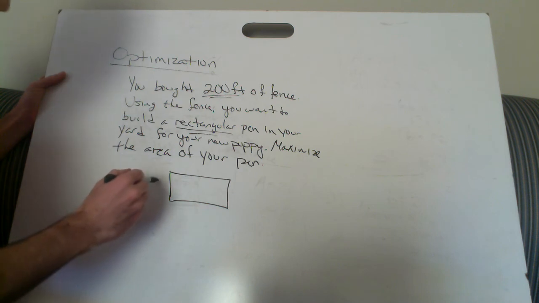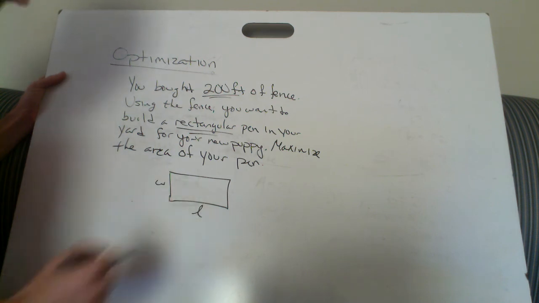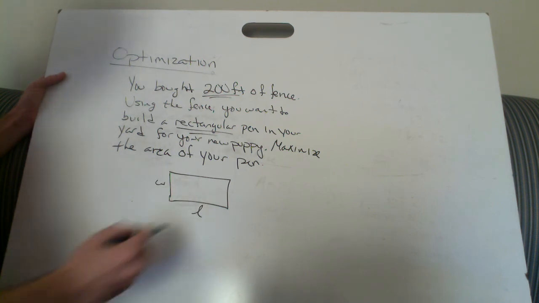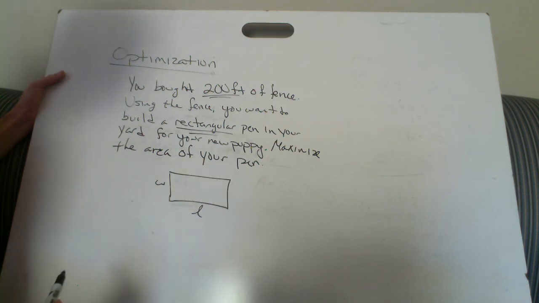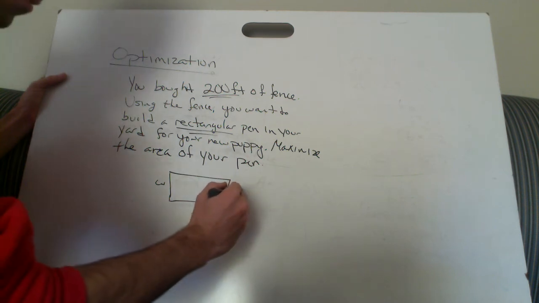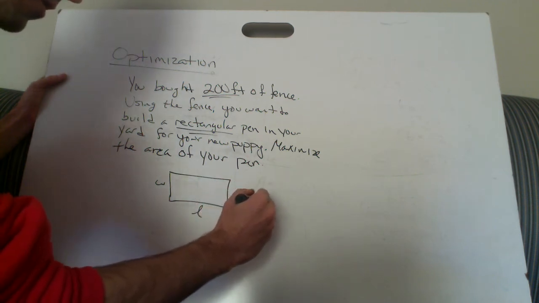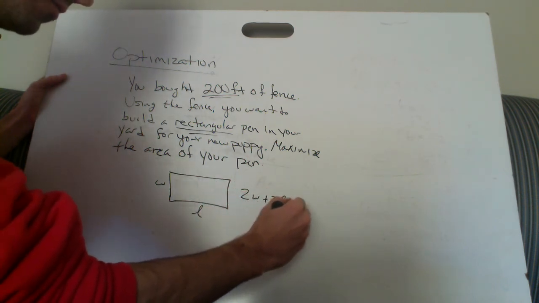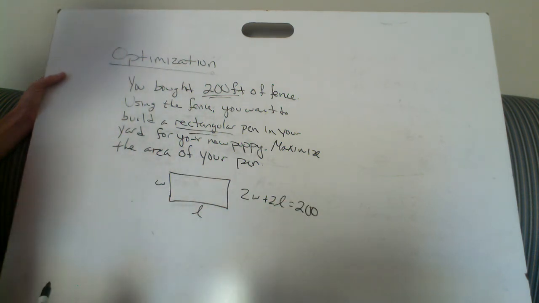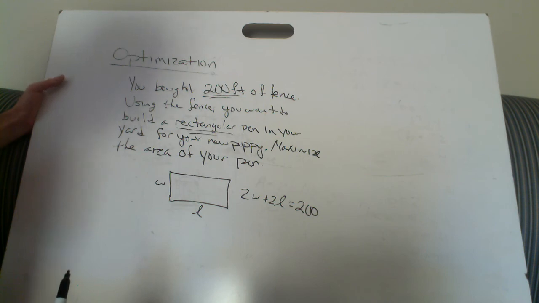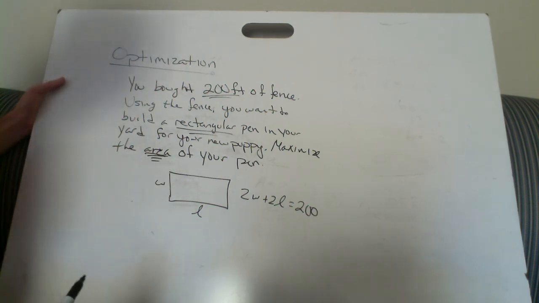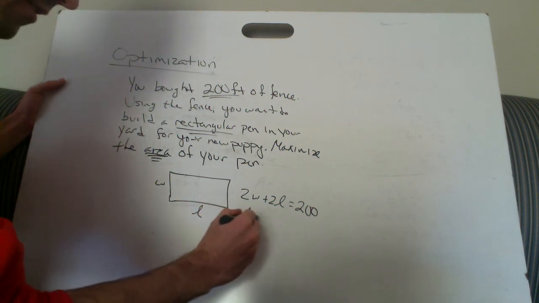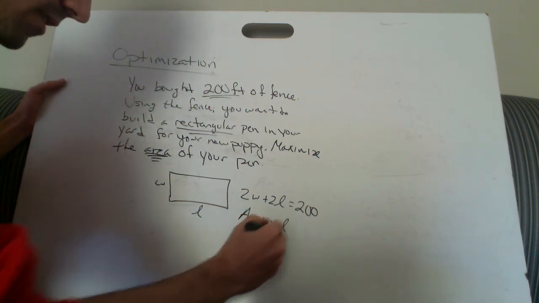If I call this the width and this the length, then all the way around this rectangle is going to be 200. That means that the perimeter, which is 2w plus 2l, should be equal to 200. And I'm asked to maximize the area. So this has to be my final equation. The area, as we know, is length times width.